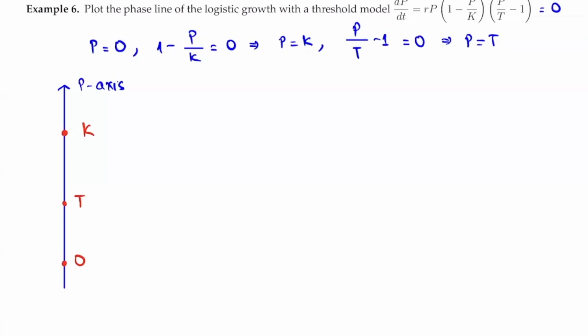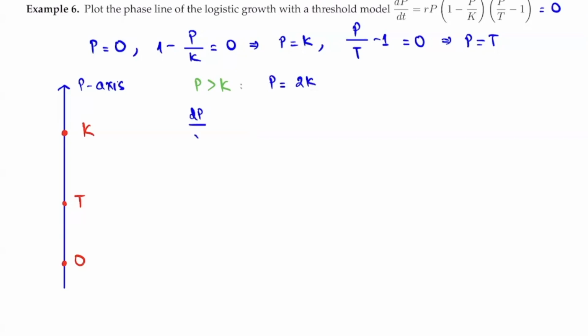Now, when you do the analysis on dp/dt, there are 4 intervals that you need to consider. The interval p greater than k, the interval between t and k, the interval between 0 and t, and the interval less than 0. So in the case of p greater than k, choose p equal to 2k.